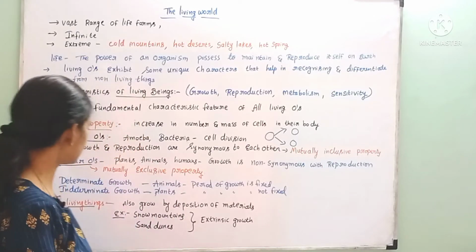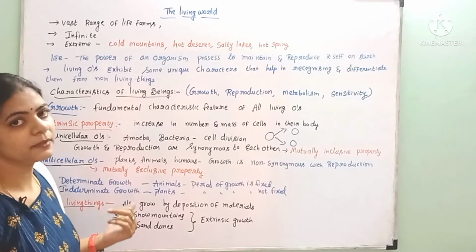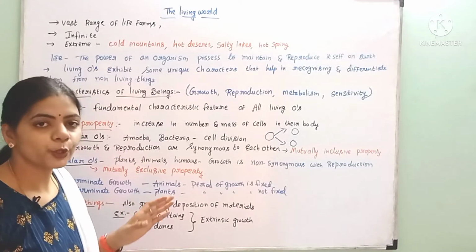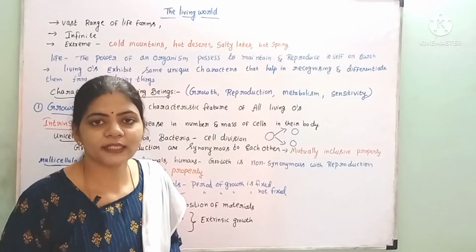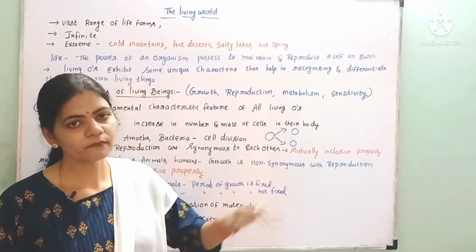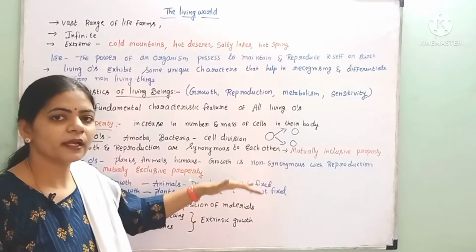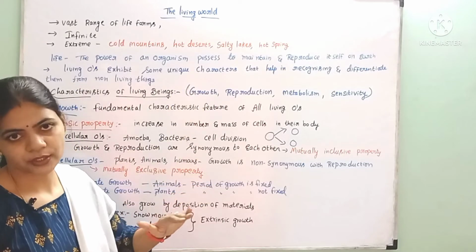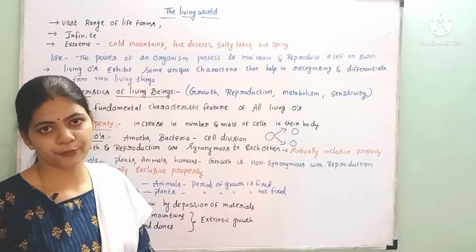And what about multicellular organisms? In multicellular organisms like plants, animals and human beings, growth is non-synonymous with reproduction. For example, a boy is growing. He will grow up to a certain age. After reaching a certain age and capacity, only then will he reproduce.